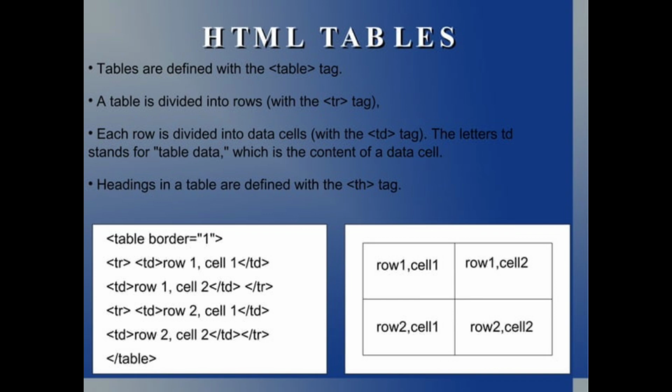It is the content of the data cell. It is the example given below. For the table we give a border of one. TR means table row, TD means a data cell. First we give row 1 cell 1, then row 1 cell 2. Likewise we give more. This is the example of an HTML table.